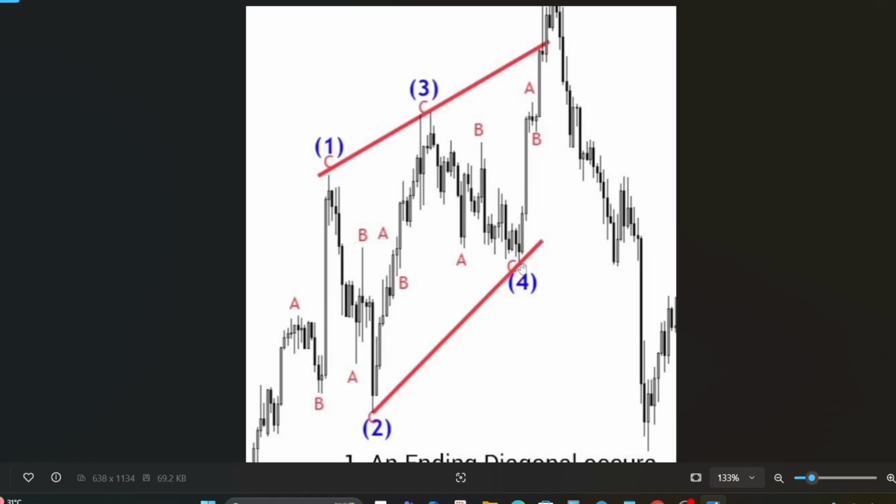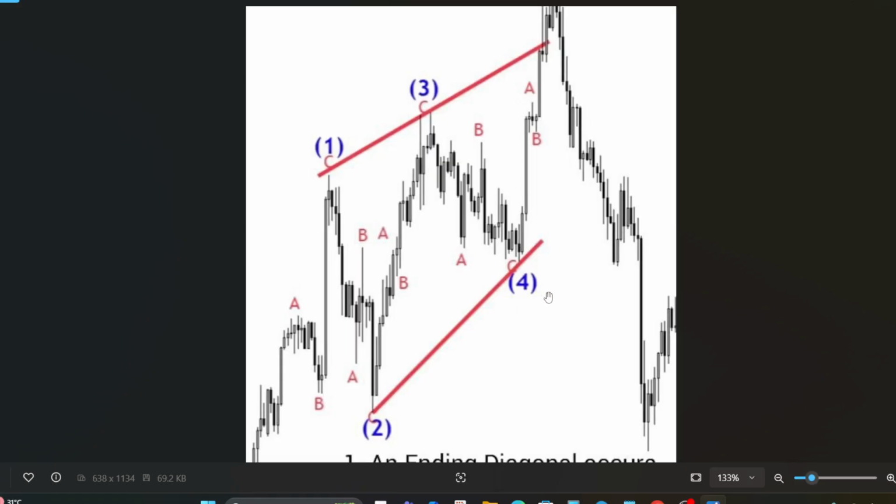So that is one of the characteristics that you should be looking out for: the overlap between wave 1 and wave 4. So this overlap is a key sign that momentum is slowing down.